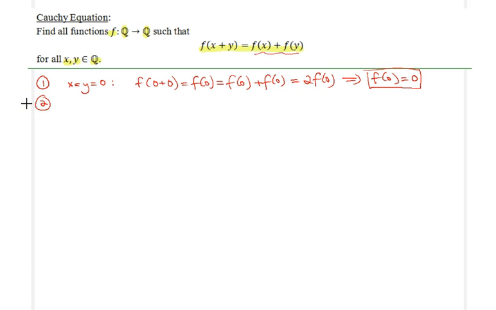The second step, I will prove by induction the following statement, that in fact f of kx is equal to k times f of x for k in natural numbers and x in rational numbers.